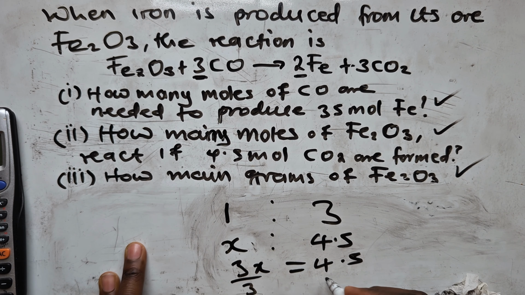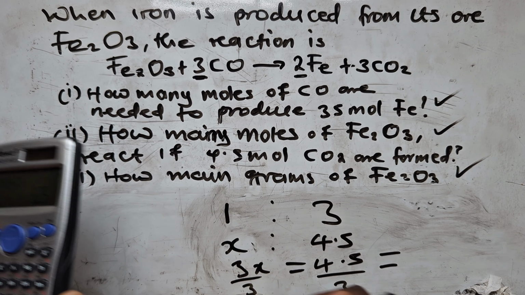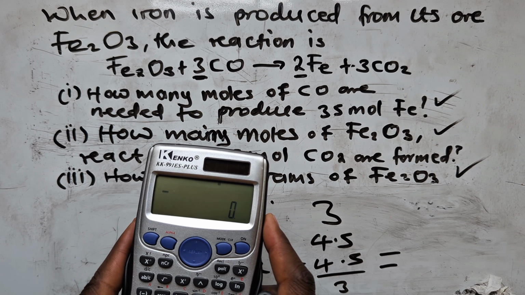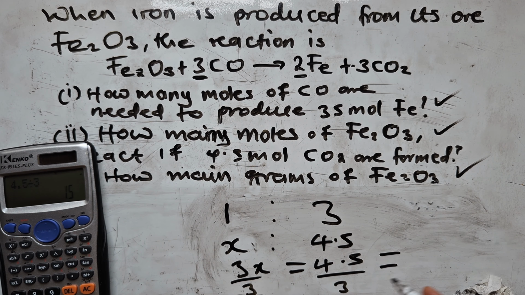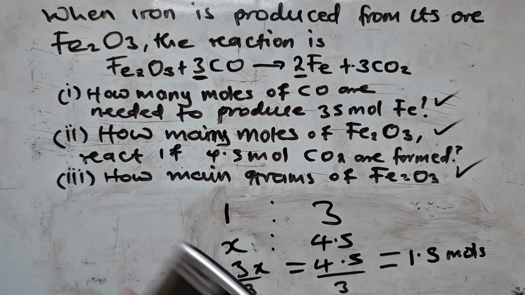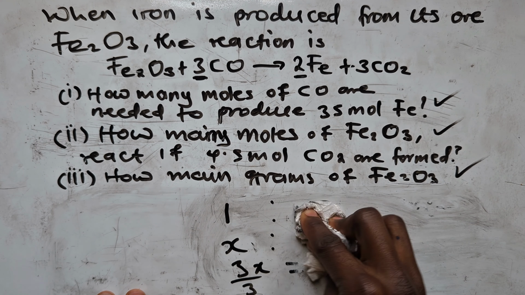When you happen to divide, the value of x will automatically be 4.5 divided by 3, which is 1.5. 1.5 moles. Very simple and straightforward questions. No need of struggling with them.